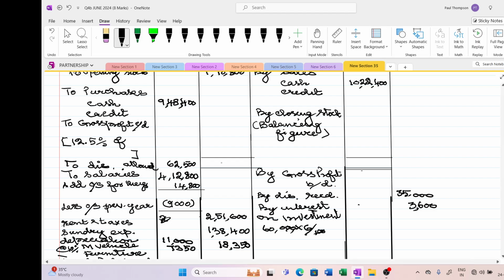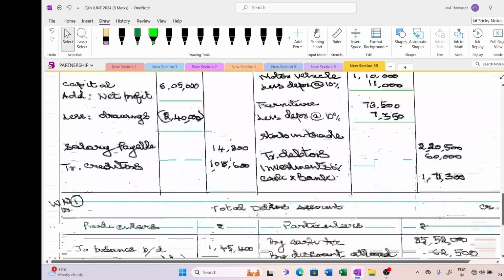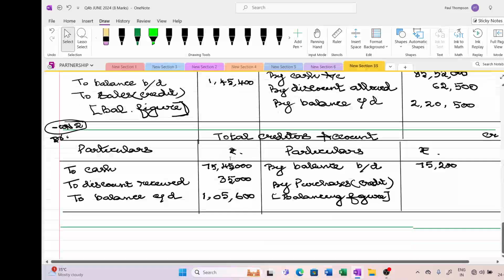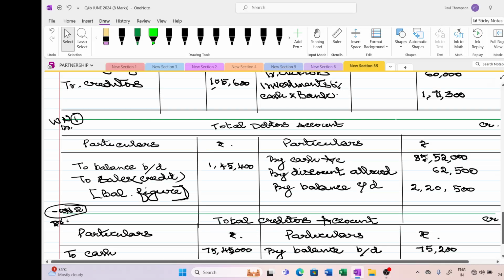So now only one adjustment is left out. What is that? That is 12.5%. For that, I have to close my debtor account first. Okay. So then we will come back to this 12.5%. So now we are going to add 85,52,62,500 and 220,500. The total comes to 88,35,000.